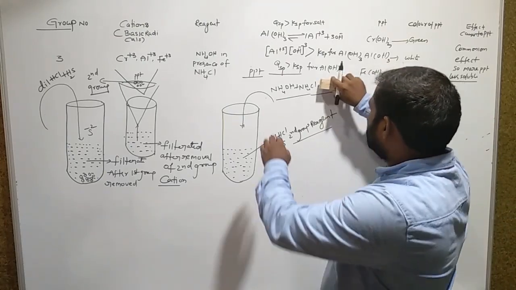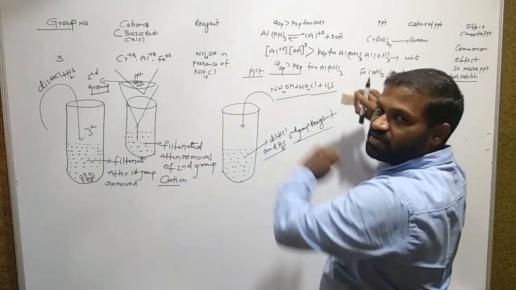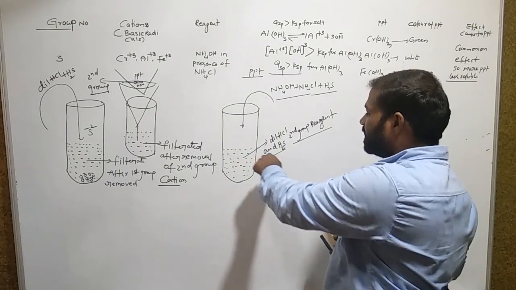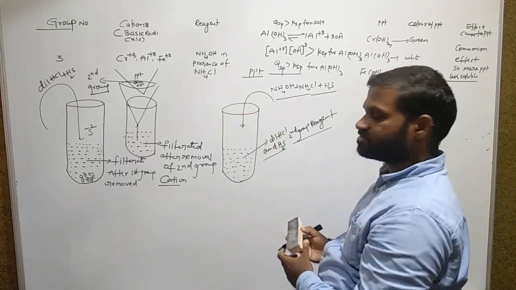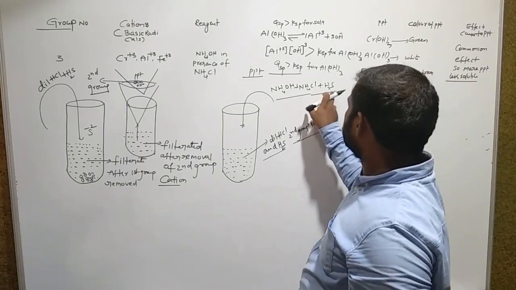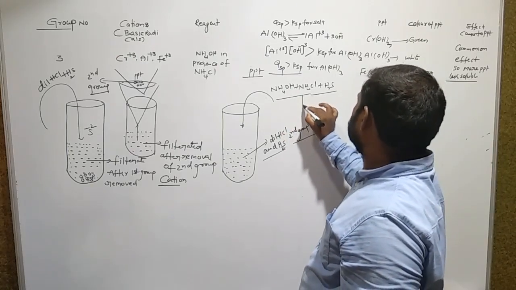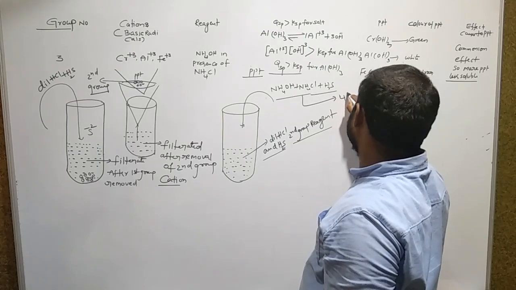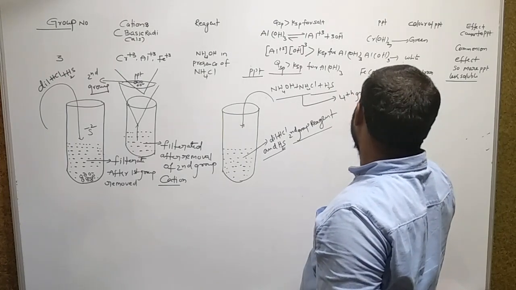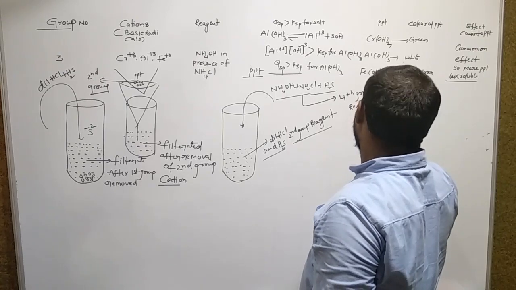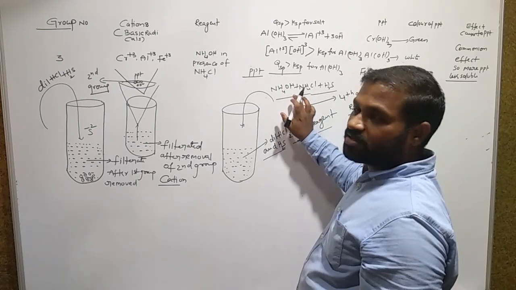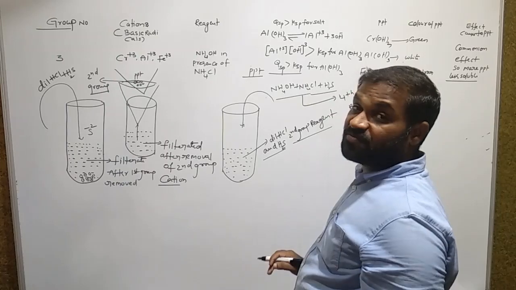Actually, this is the third group reagent for identification of that basic radical. But inside the filtrate, some quantity of the second group reagent, H2S, is there. Now this one combines with this reagent, it becomes the fourth group reagent. What is it? Fourth group reagent. Ammonium hydroxide, ammonium chloride and H2S is the fourth group reagent.